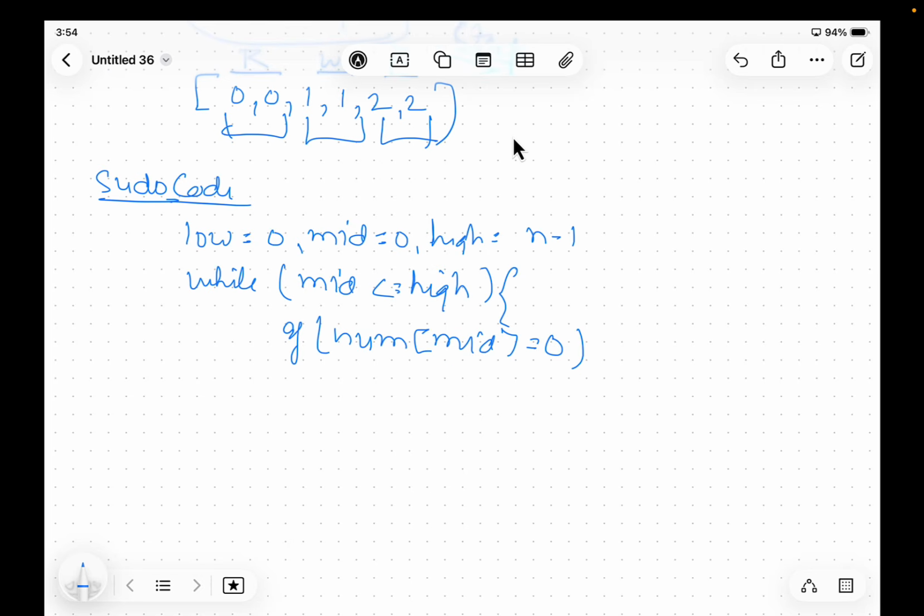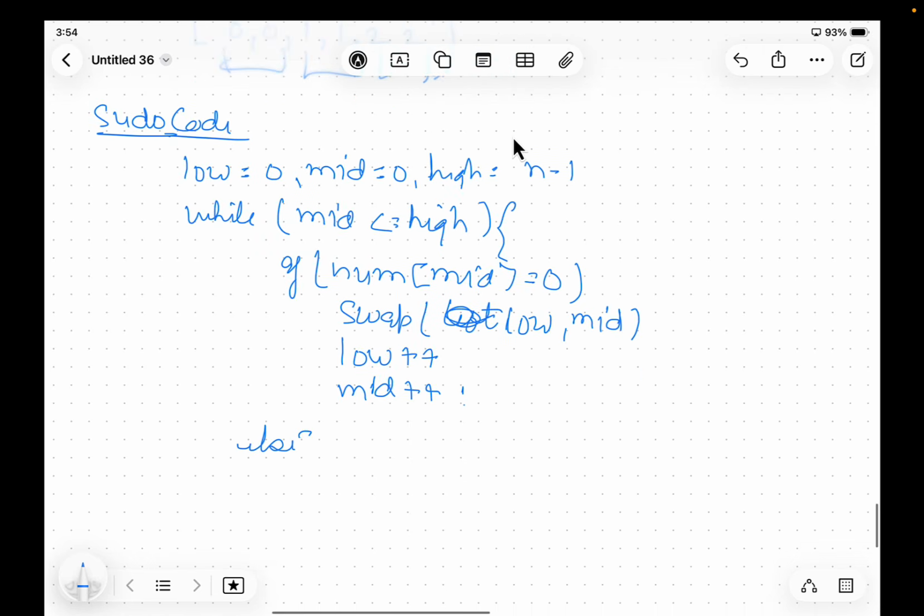I have to move first. So I have to swap with left, not left, let me call it low. We are talking about low in the discussion, right? Swap low, comma, mid. And while swapping with the low, I have to increment both. So low plus plus and mid plus plus. Correct?